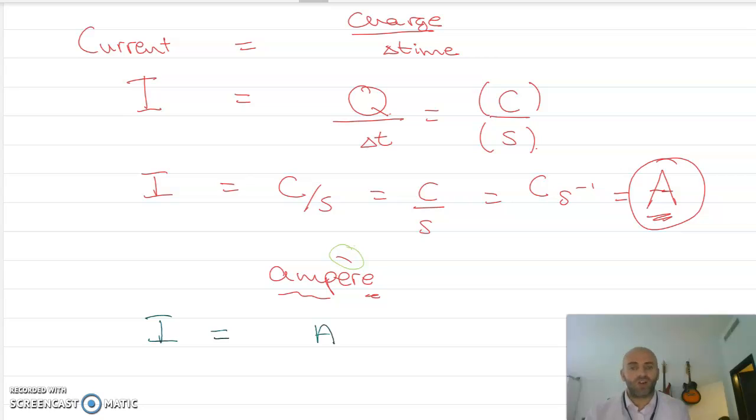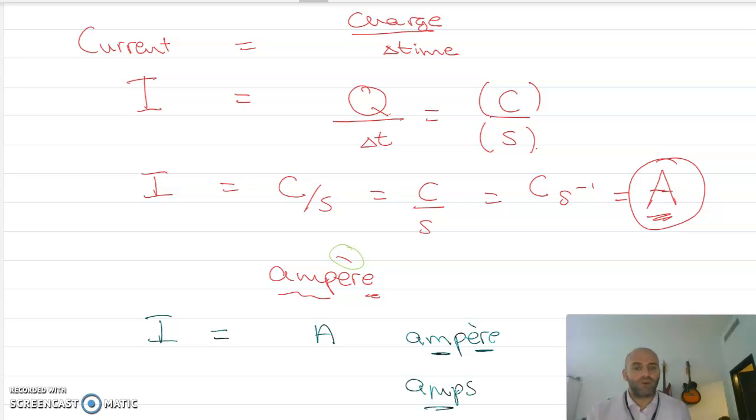Uppercase A is the symbol, but if you're writing the word, you would use the lowercase version, because the guy's name was Ampere. Uppercase refers to his actual name, lowercase to the unit, amps or ampere.